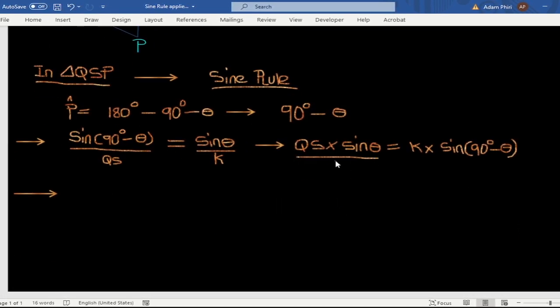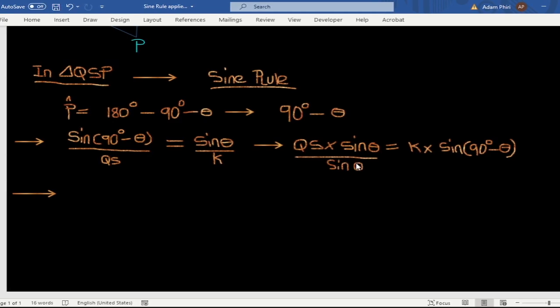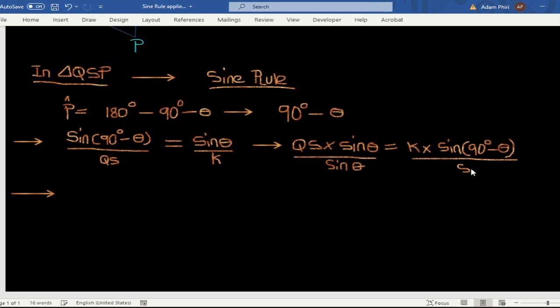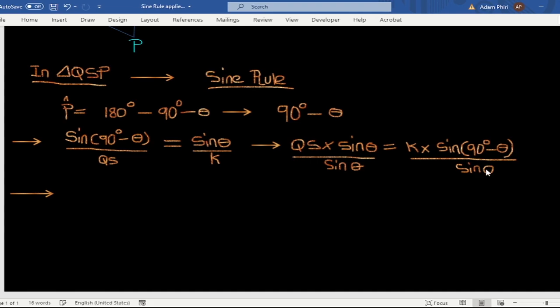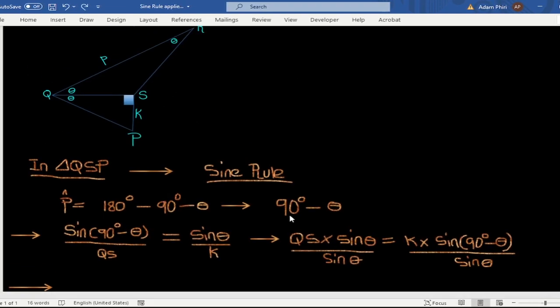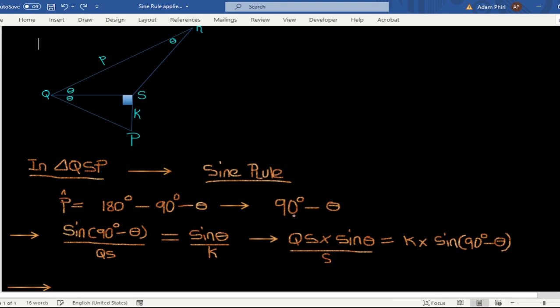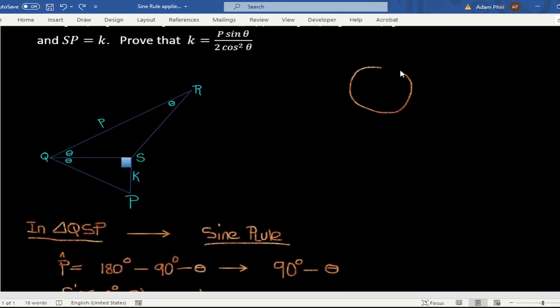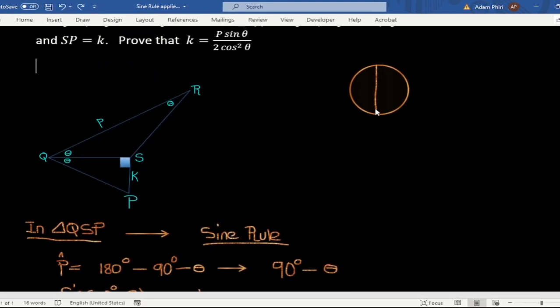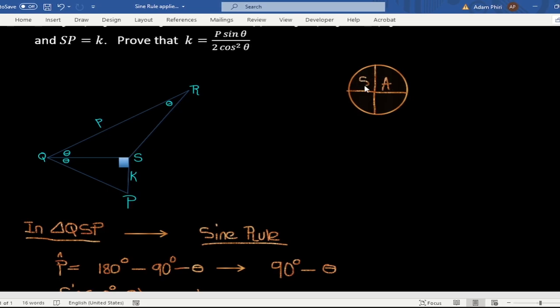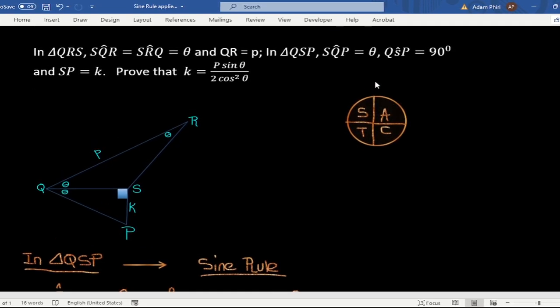So multiplying both sides by sine theta, we'll have to cancel. So for our QS, let's use the CAST rule so that we know what sine of 90 minus theta will look like.